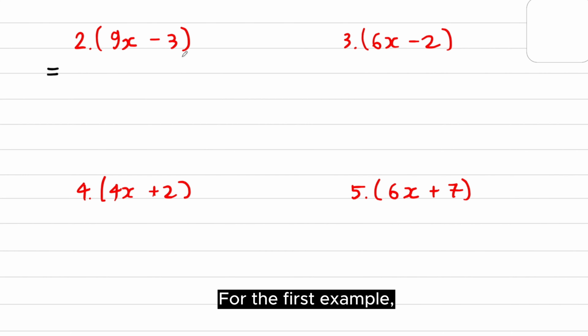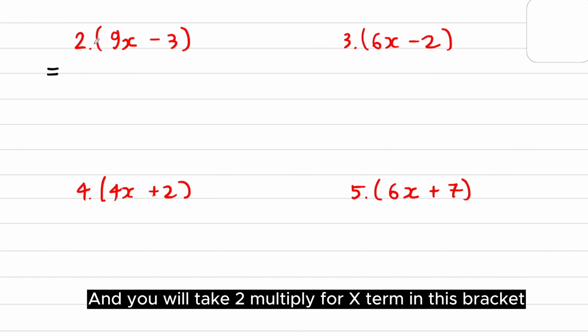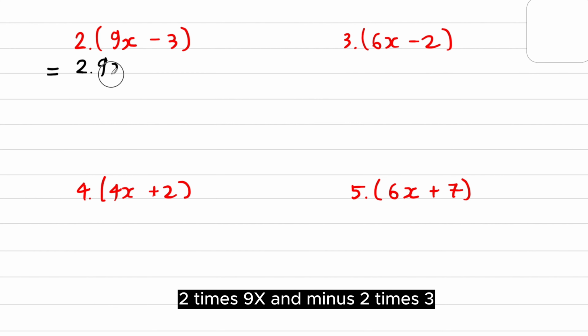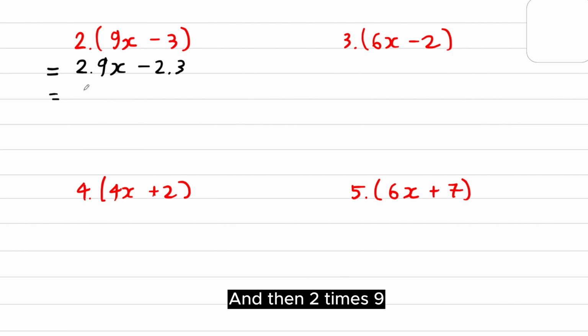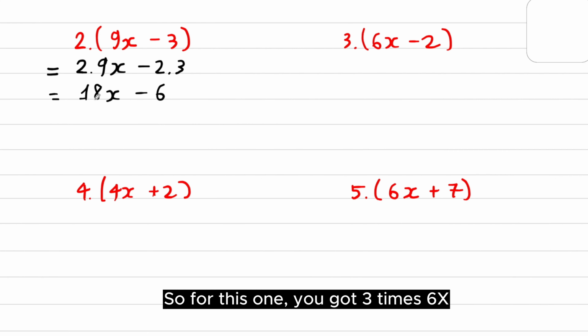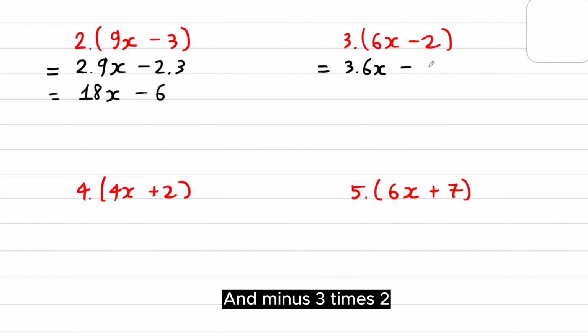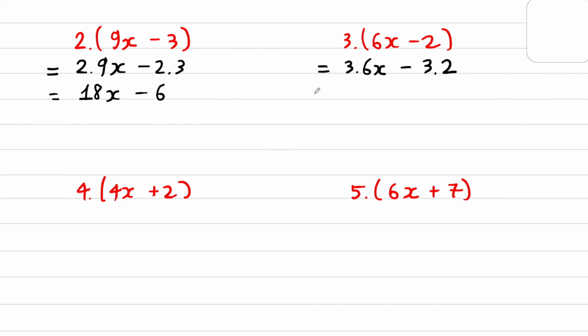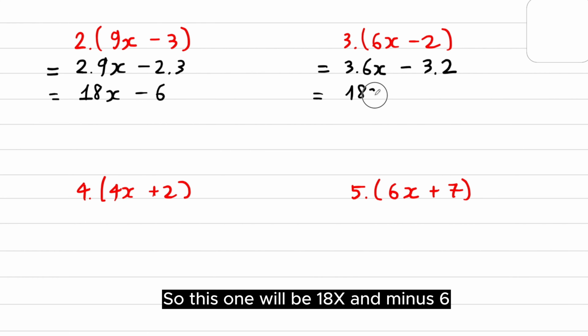For the first example, you got 2 outside and you will multiply 2 with each term in this bracket. 2 times 9x minus 2 times 3, and then 2 times 9 you get 18 times x minus 6. For this one you get 3 times 6x and minus 3 times 2. So this one will be 18x and minus 6.